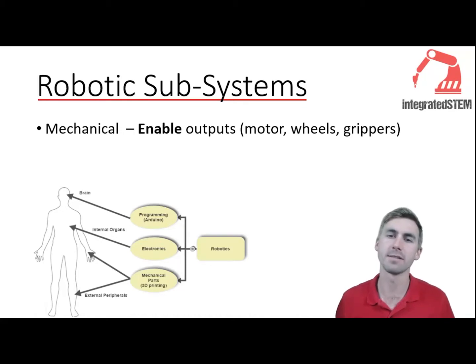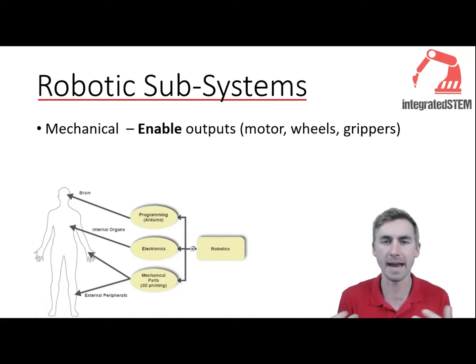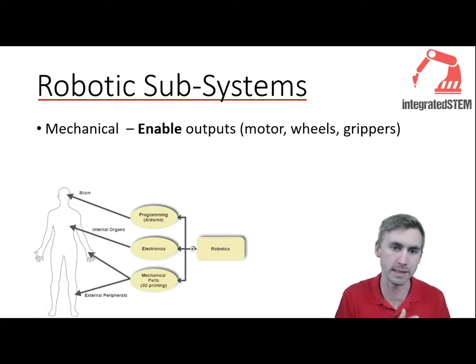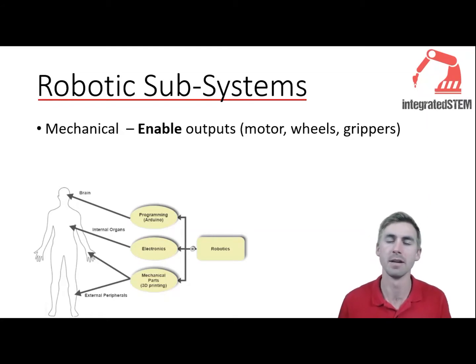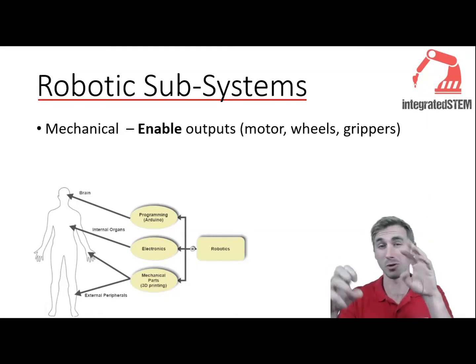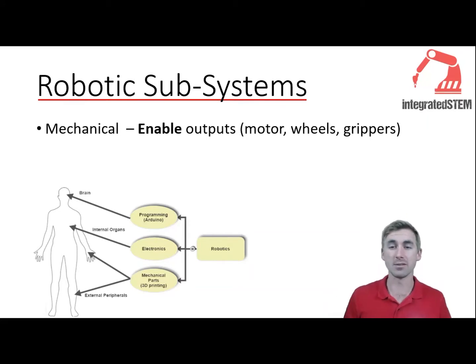So the very first system I like to talk about is the mechanical. I've got a picture down here to show you where this robotic system would be alike in our own human body. Anything that we have that can interact with the environment is what we would call a mechanical system. So things like hands, which are robotic grippers, or feet or legs, or anything that is interacting with the environment, we can consider a mechanical system.